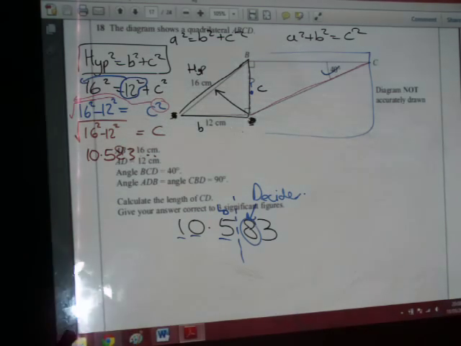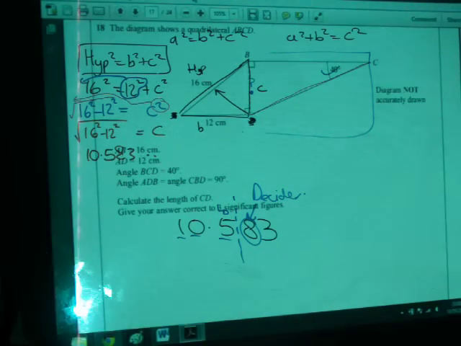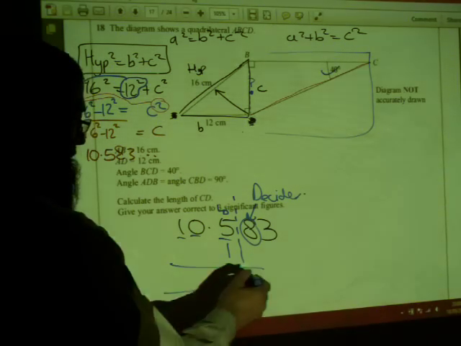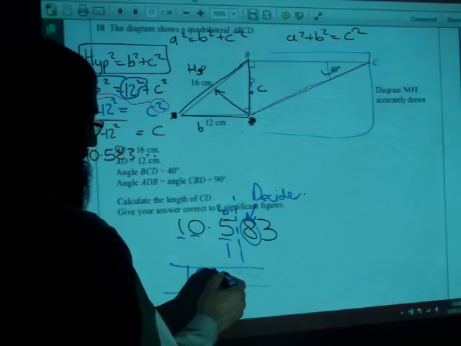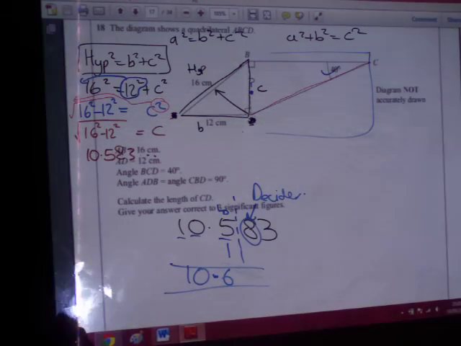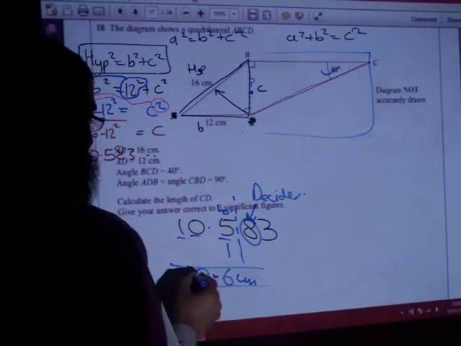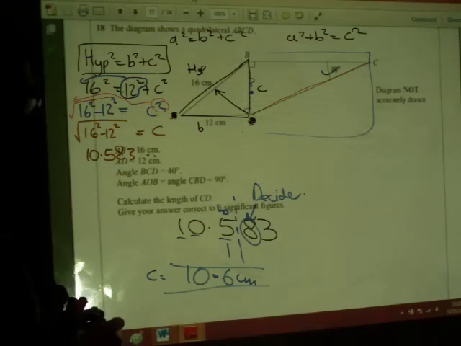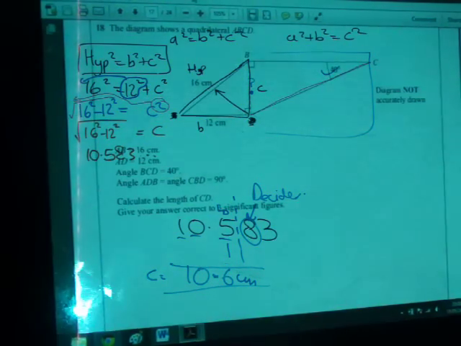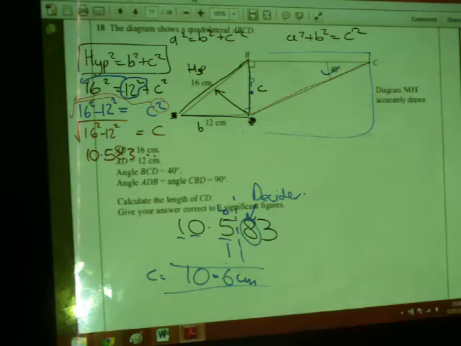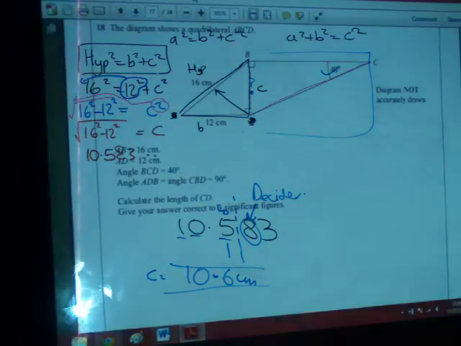Now the decider, if it's 5 or more, we add 1. And in this case, that's 8. Add 1. 10.6. 10.6 centimeters is C. Are we happy with that, folks? We got 10.6 centimeters for the first part. Yeah.